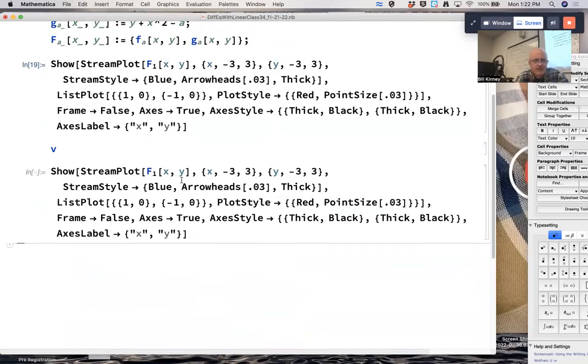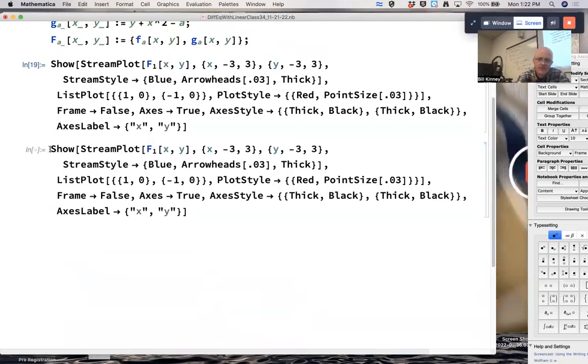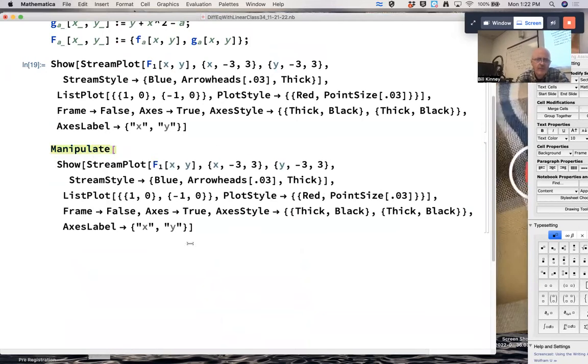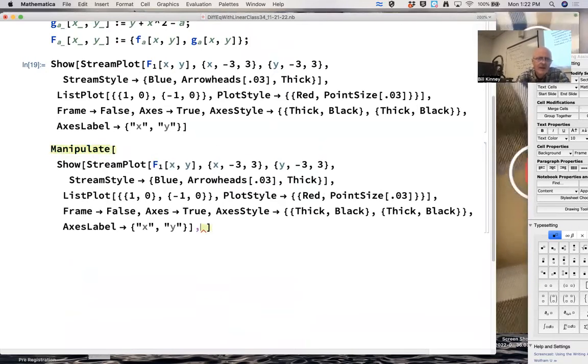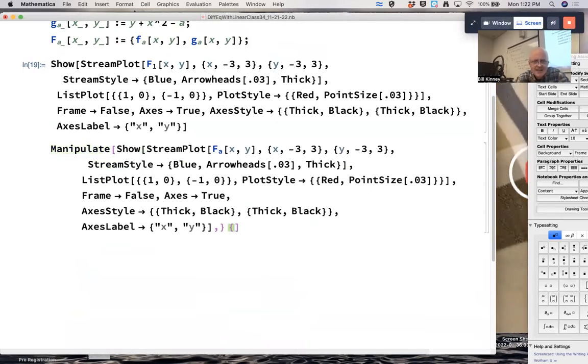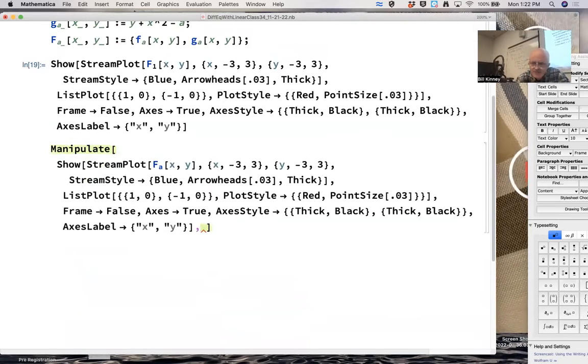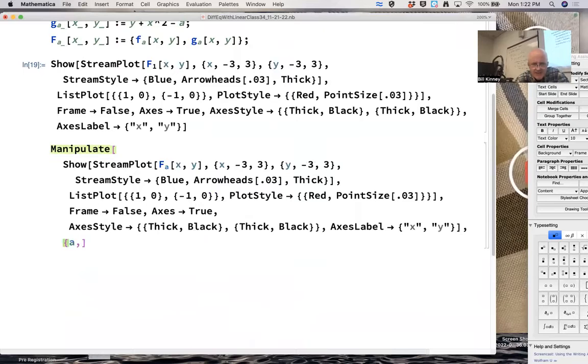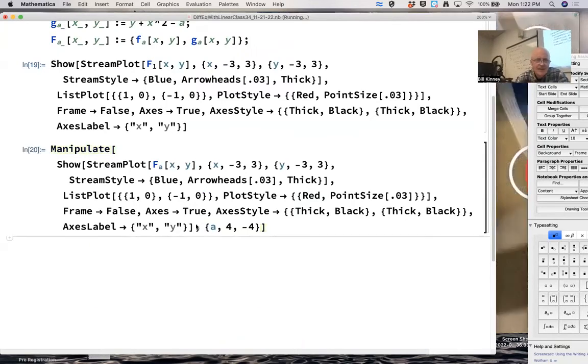I could put this inside Manipulate, and change this 1 to an a. And let's actually let a decrease. So I'll start with a to be, say, 4 and go down to -4. That'll make a decrease.